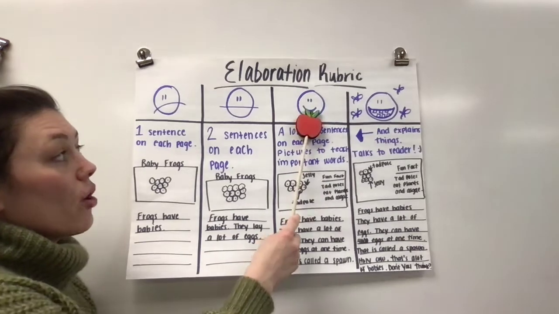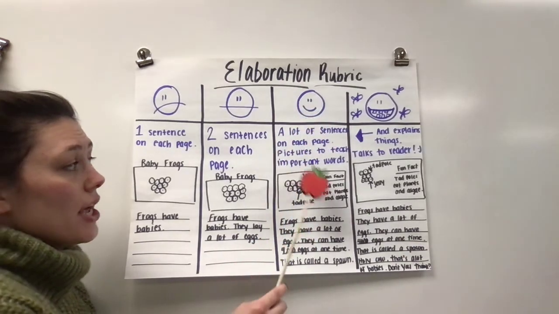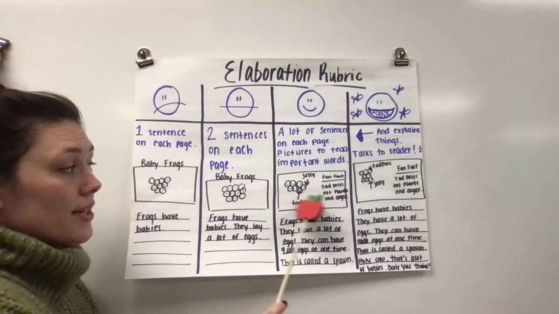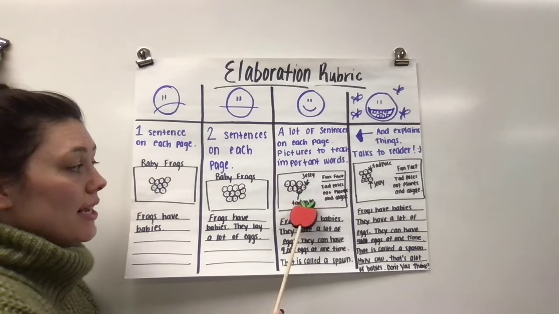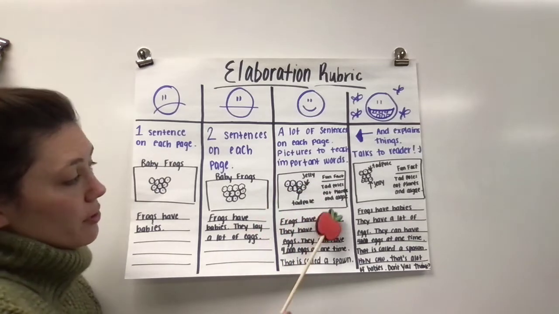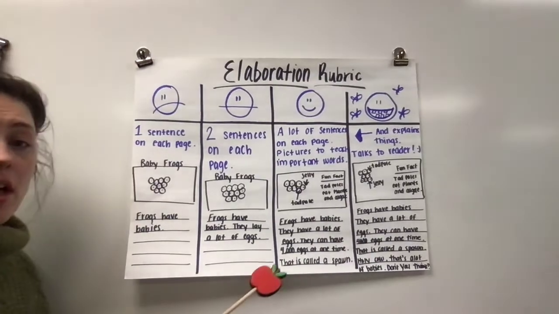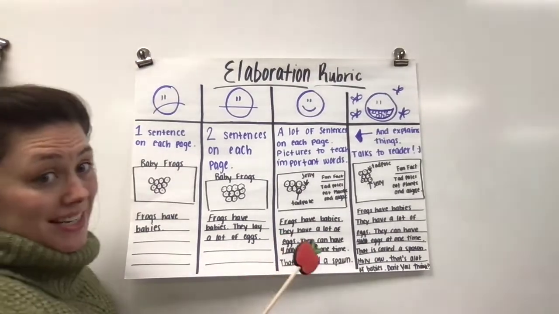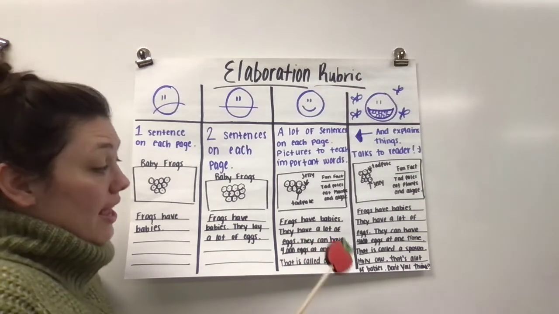So then the good writing, you have a lot of sentences on each page, pictures to teach us the important words. So they labeled the picture that they drew. They labeled the fact that the outside was jelly and the inside was a tadpole. They put a fun fact right here. Tadpoles eat plants and algae. Also, they have more than 2 sentences. They have frogs have babies. They lay a lot of eggs.